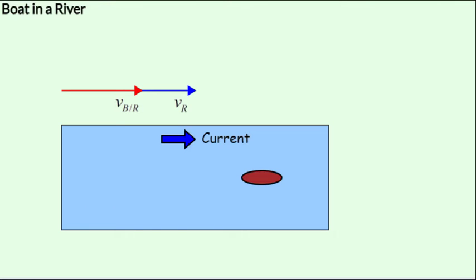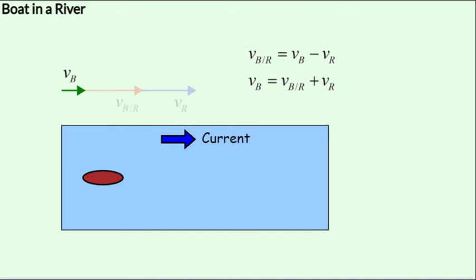Both these vectors point in the same direction, so now using these, let's obtain the velocity of the boat. By definition, the relative velocity of the boat with respect to the river is the velocity of the boat with respect to the ground minus the velocity of the river with respect to the ground.